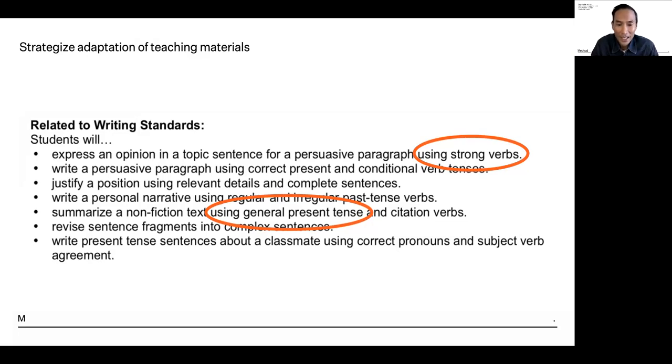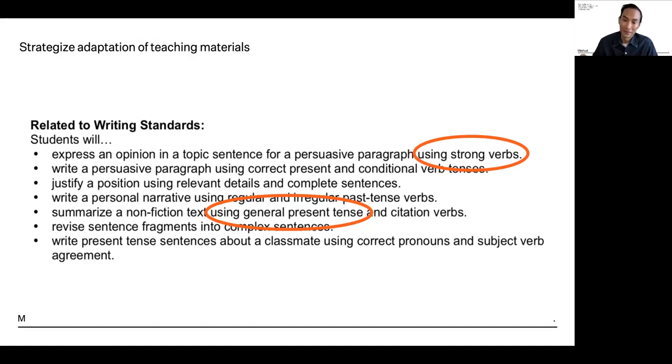The other one there I have just randomly chosen: summarize nonfiction text using general present tense and citation verbs. You have to show them what present tense is by an example. So in your mini lesson, you can just point out, this is the present tense.